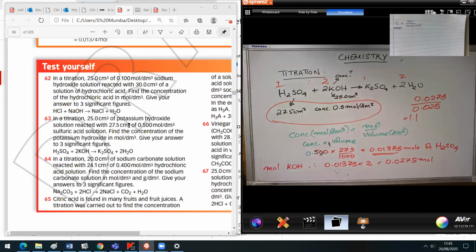Now the answer is to 3 sig figs, Jay. So is that just 3 sig figs? Would it be 1.10? 1.10. Okay. And it's a concentration, so I've got to remember to include my units.